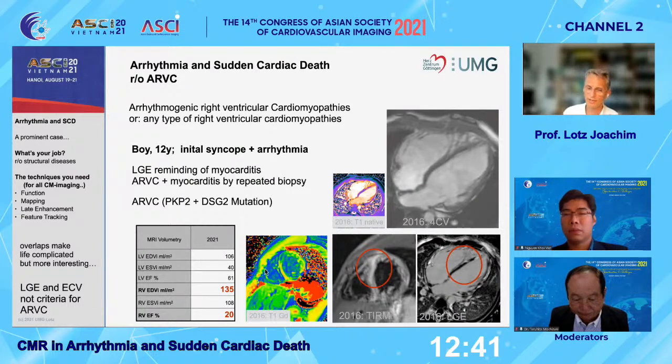Looking at the major criterion for ARVC, he does have them. He has a dilatation of more than 110 milliliters per square meter, so he's positive for the major criteria, with a reduced ejection fraction of 20%.